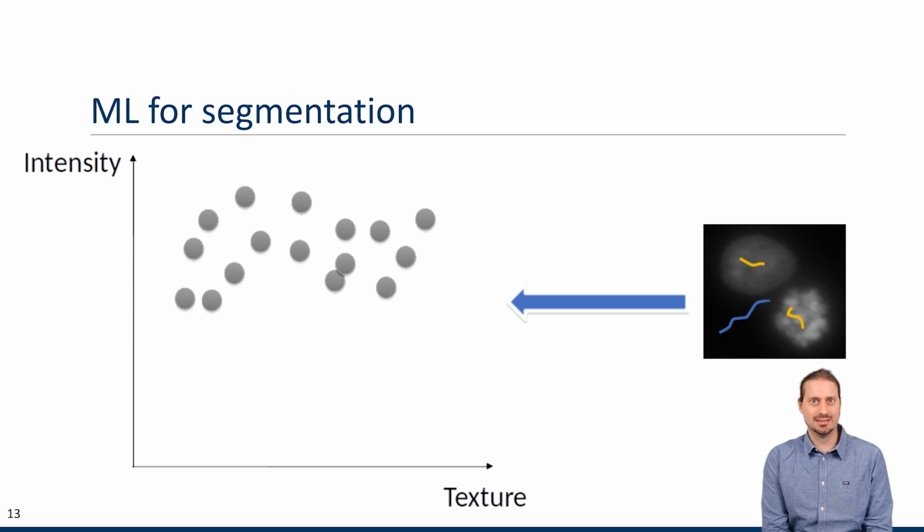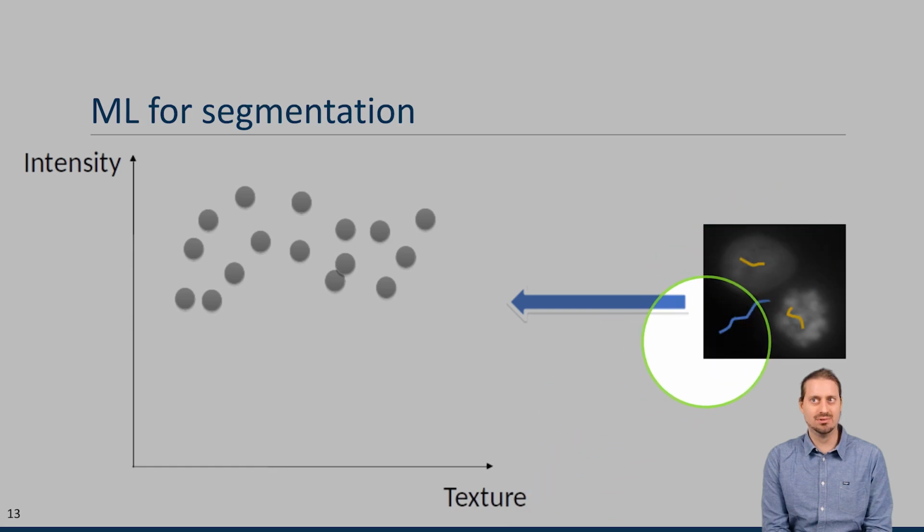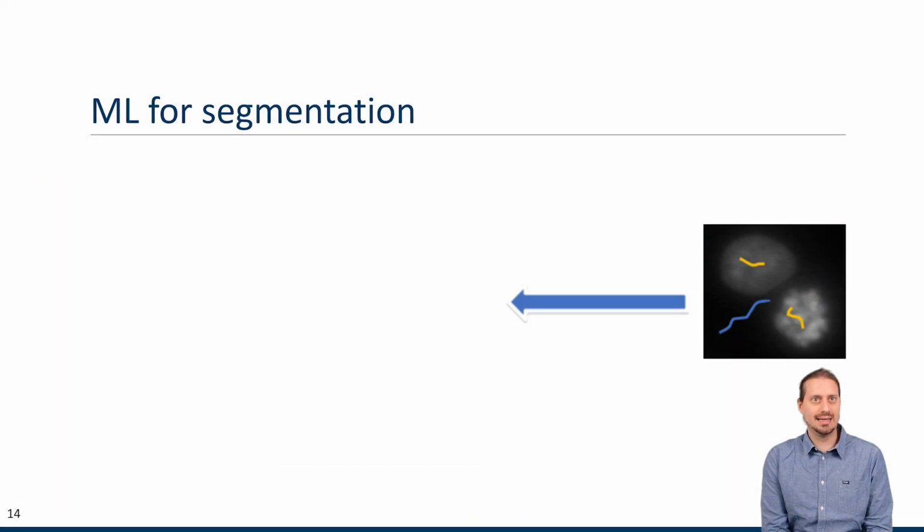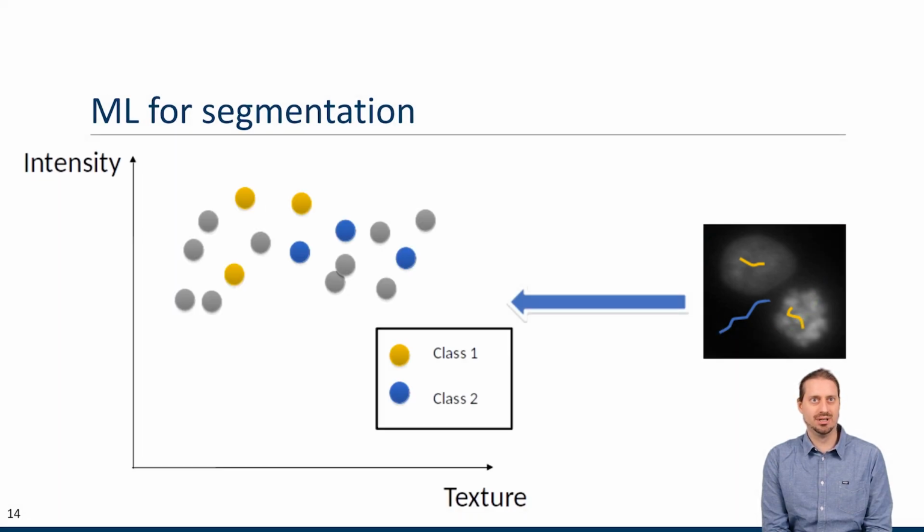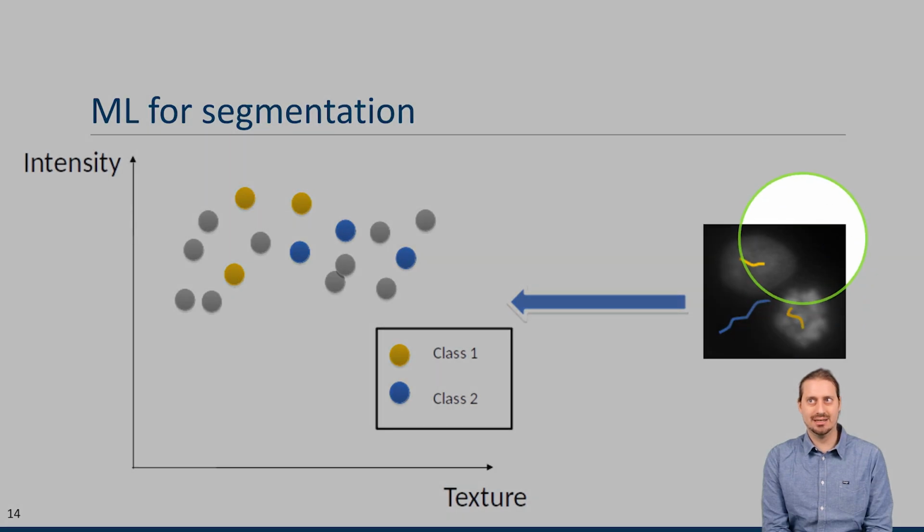So basically we need some human to tell us, okay, the pixels marked in blue are background, and the ones marked in yellow belong to the nucleus, so are foreground. And then we would label the corresponding points in our feature space. So the yellow labels from the nucleus would be somewhere over here, and the blue ones, which correspond to the background, somewhere over there.